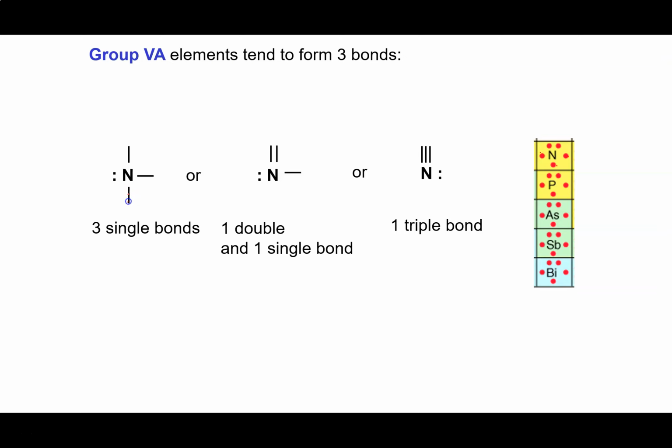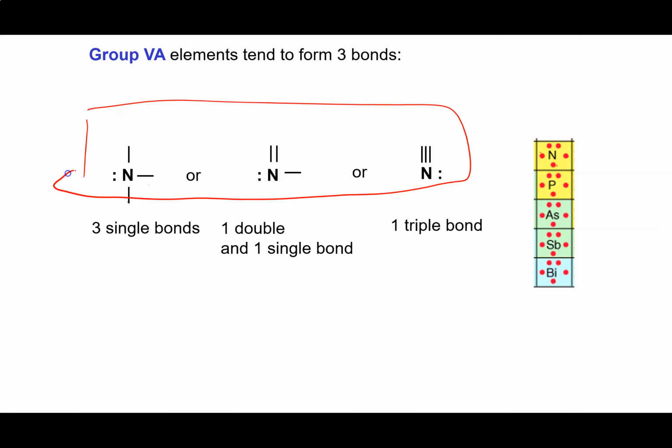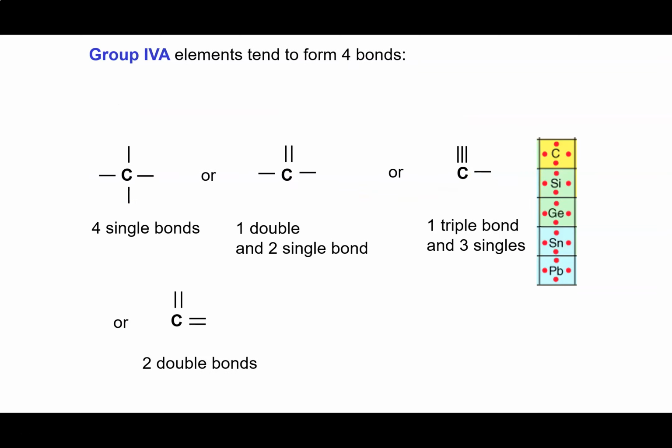So we could have 3 single bonds, we could have a double and a single bond, or we could have just 1 triple bond. So we see a greater variety of bonding for the nitrogen group of elements because they have a greater bonding capacity.